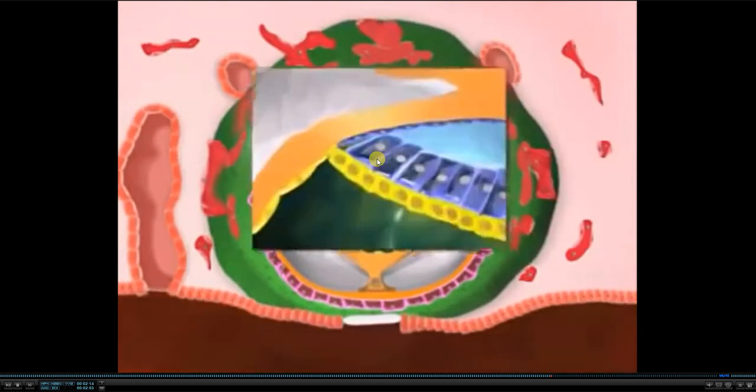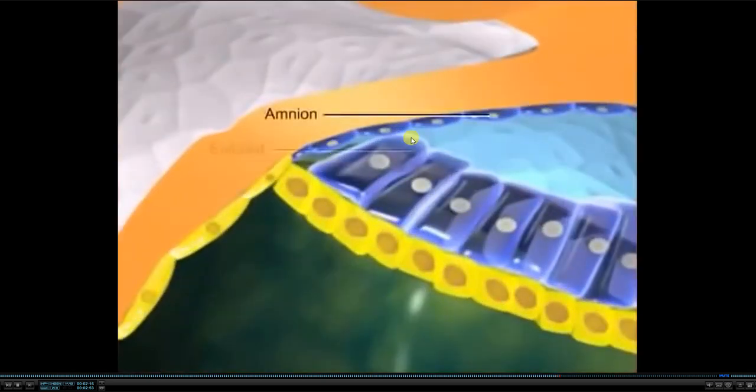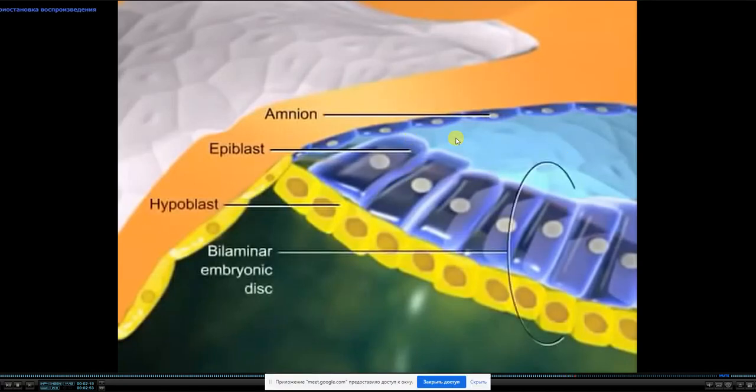And what happens next? It reminds you what is happening here. It forms the amniotic cavity and yolk sac, and between them we have the bilaminar embryonic disc. Please remember this name, bilaminar embryonic disc.